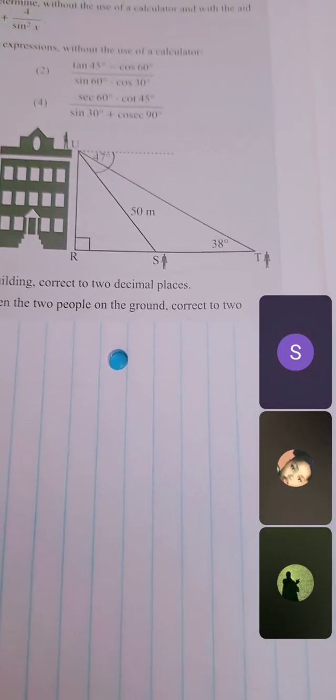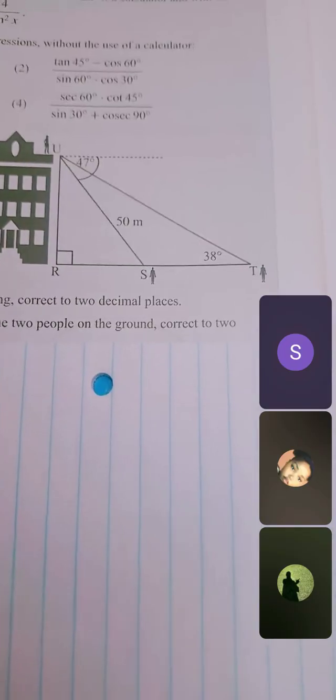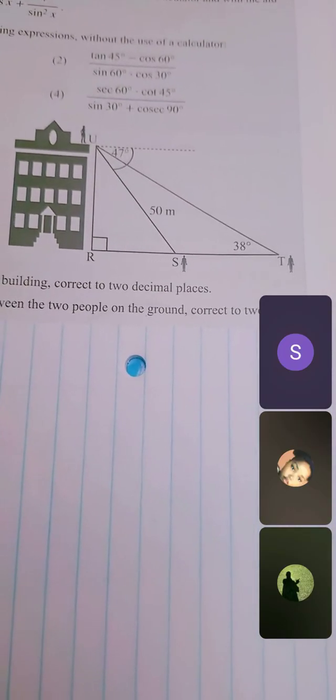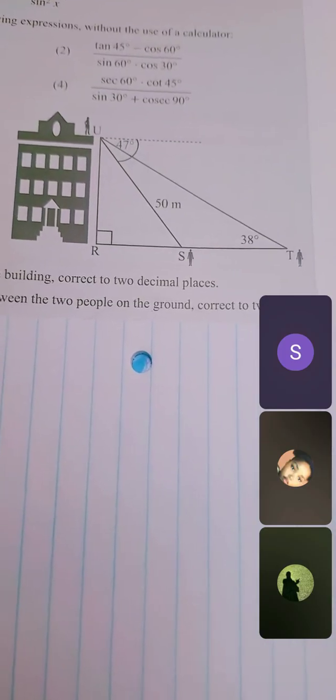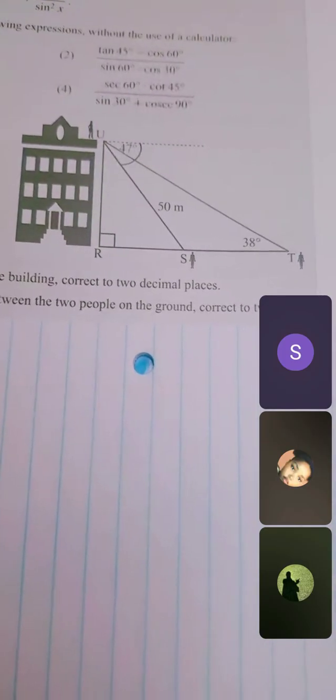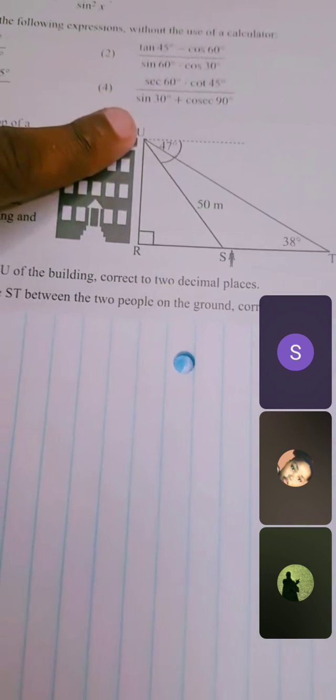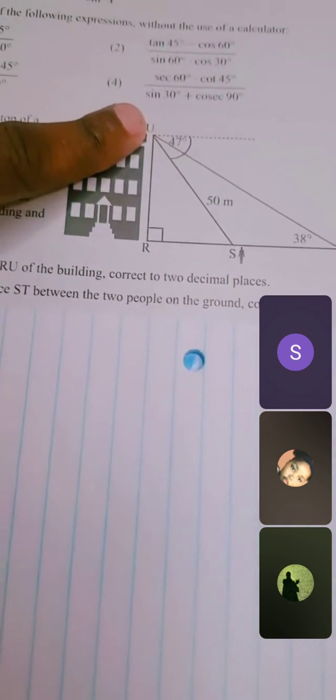Asenati, say that again. One right angled triangle is URS, because you can see there's the 90-degree angle there.